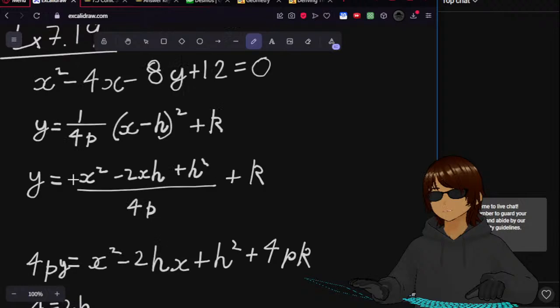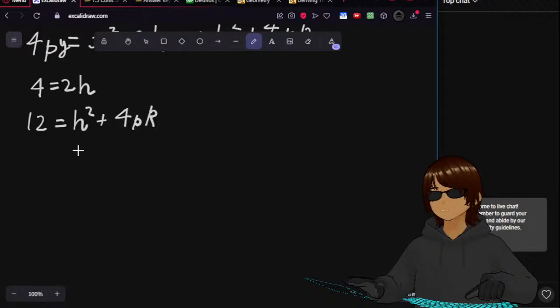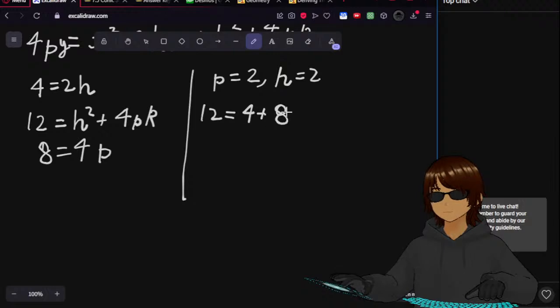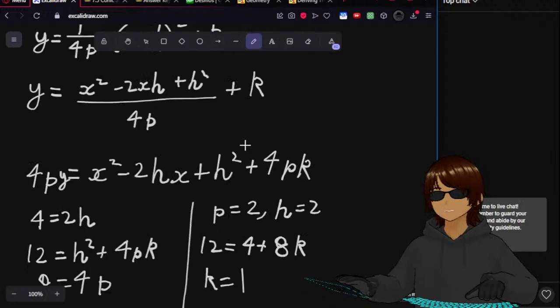And then 8 is equal to 4p. k is equal to 1.